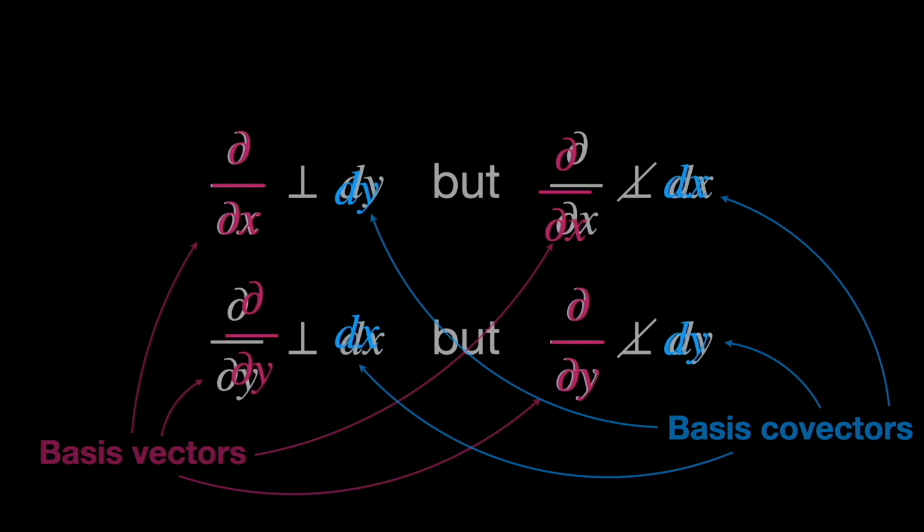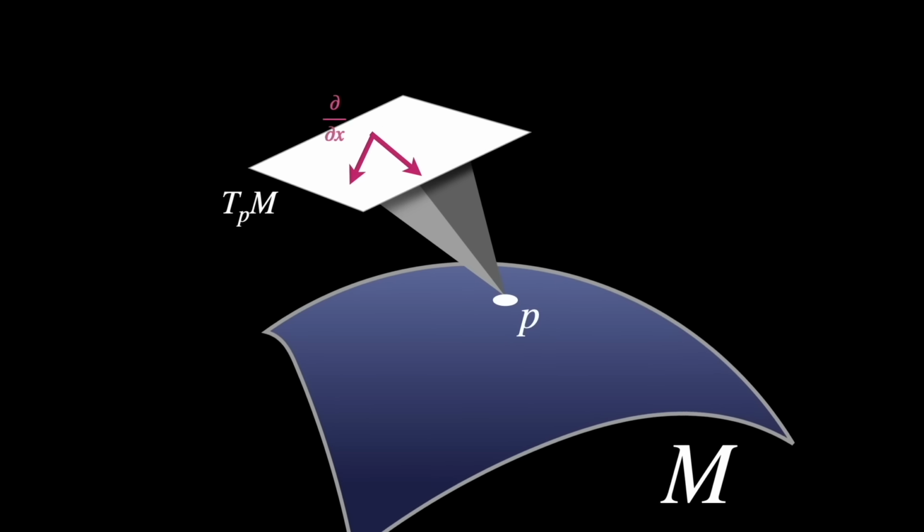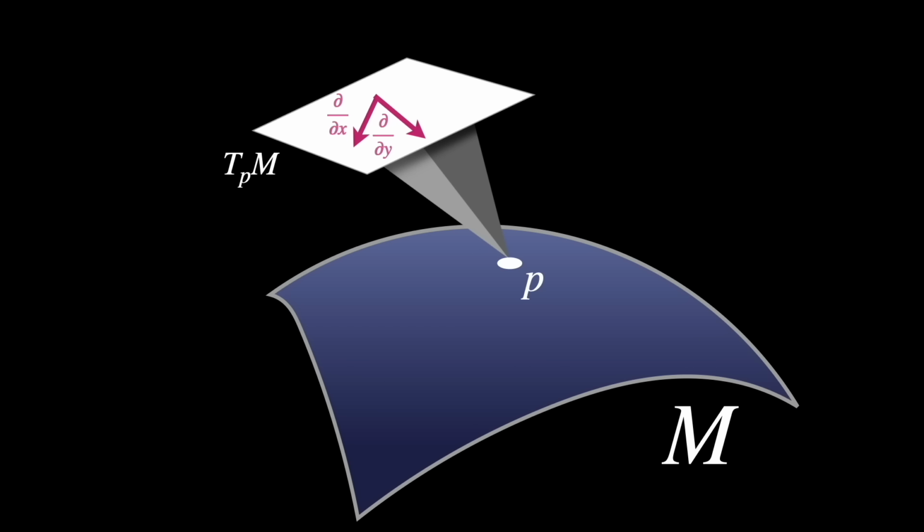These relations are valid strictly in the sense that their multiplications give us 1 or 0 accordingly. So the covectors dx and dy form a basis for a space that is dual to the tangent space TPM. This dual space is called cotangent space T star PM.